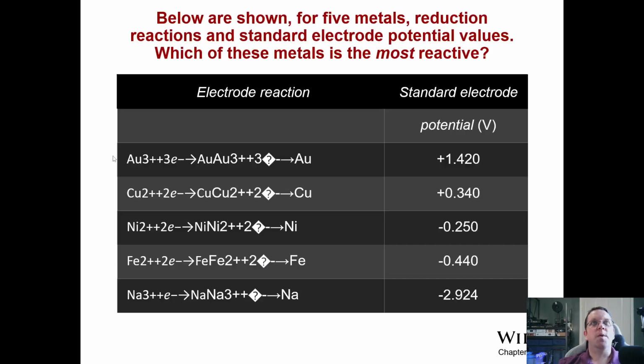So another example is looking at 5 different metals. We have our electrons, so that's what's supposed to be represented here in the question marks. We have the gold. The way this came across, it's doubled, but it's gold 3+ and 3 electrons yields gold.